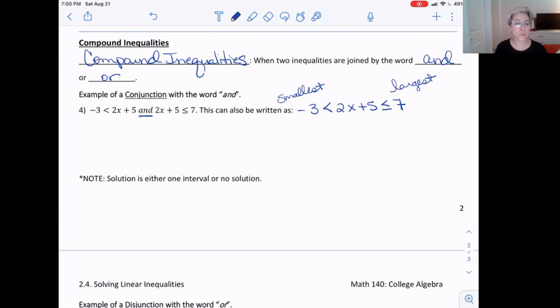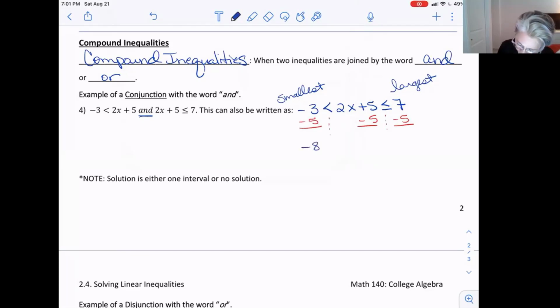If you're solving a conjunction like this, we still want to solve for X in the middle. So we would get rid of that plus 5 by subtracting 5 from the middle, subtracting 5 from the right, but also subtracting 5 from the left. There are now 3 sides to that compound inequality.